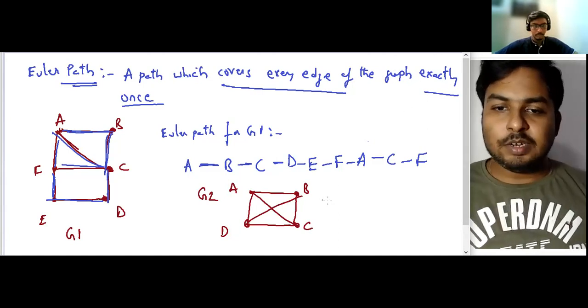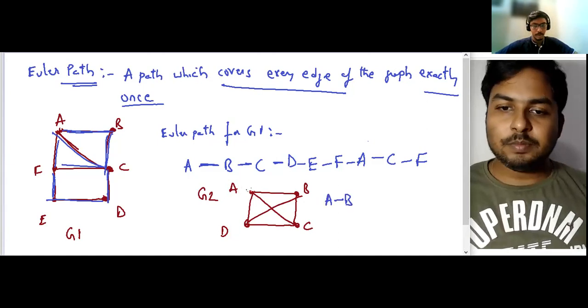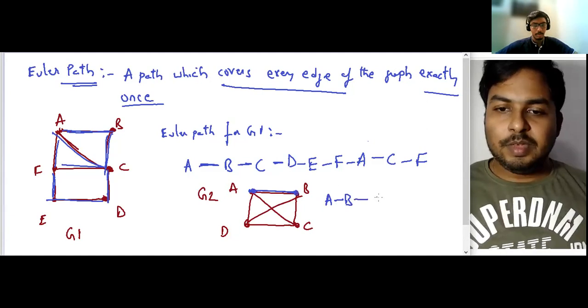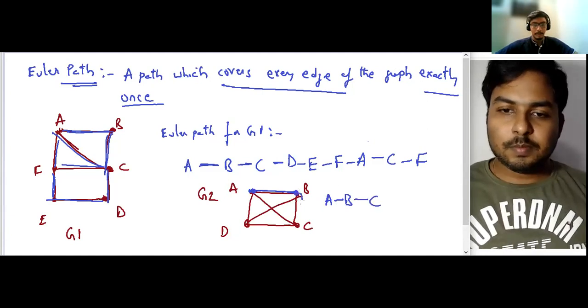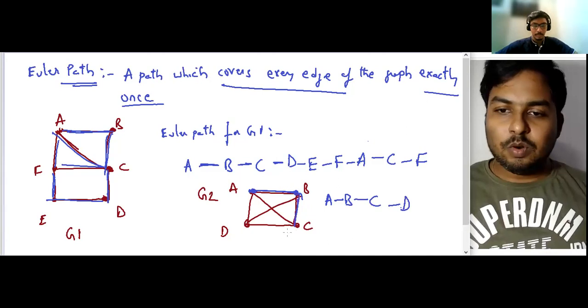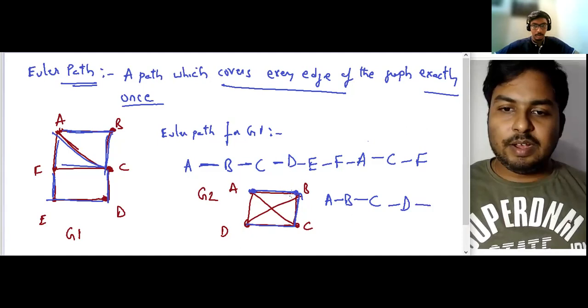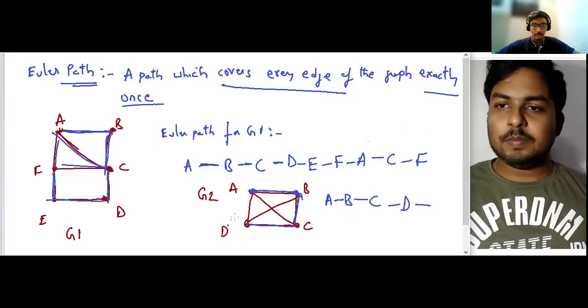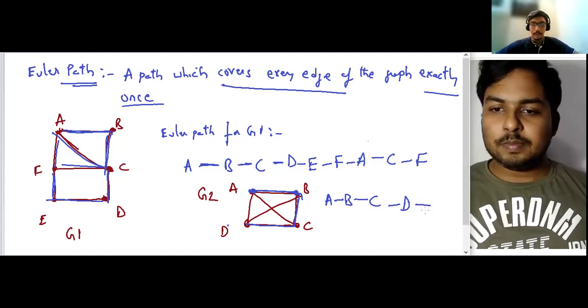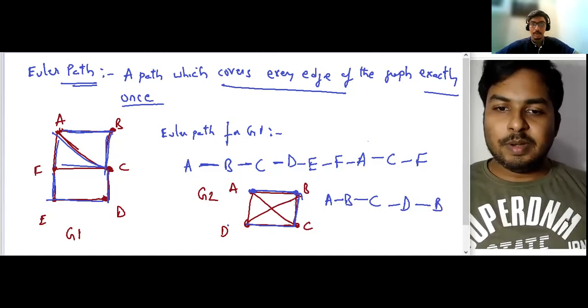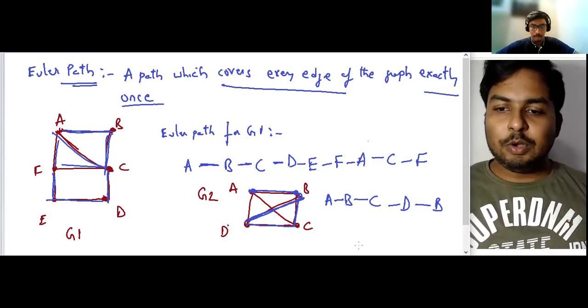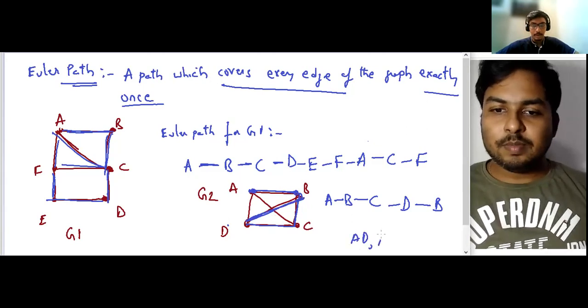So I can start from A, I'll go to B. From B, I'll go to C. From C, I'll go to D. Now from D, either I can go to B or I can go to A. Yes, in a C also. But if I go to B, then I'm not able to cover AD and AC, they are left out.